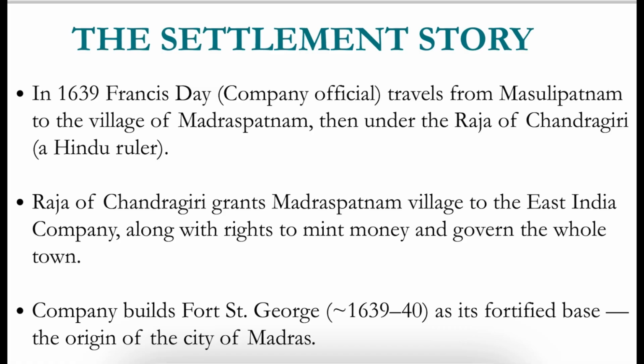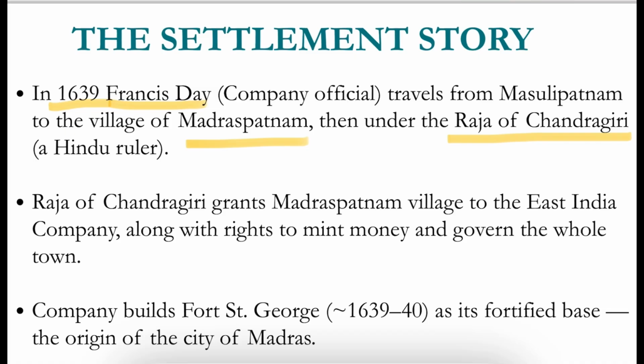So, in the year 1639, an English company official named Francis Day traveled from Masulipatam down to a small fishing village called Madras Patnam, and the village fell under the territory of Raja of Chandragiri, a Hindu ruler based at Chandragiri Fort.